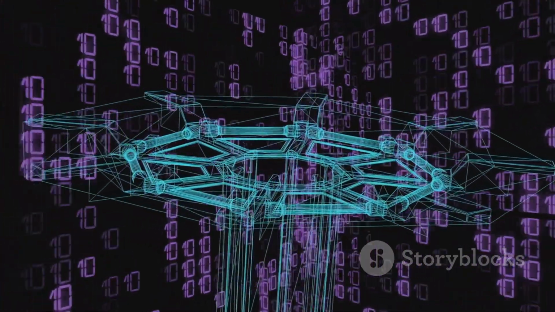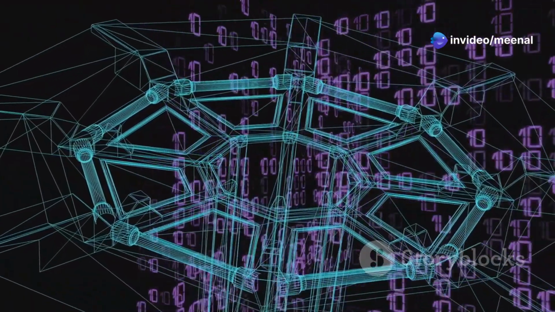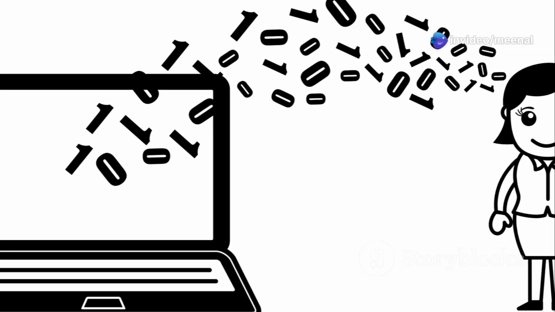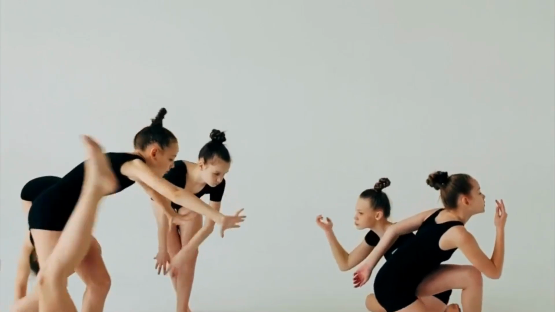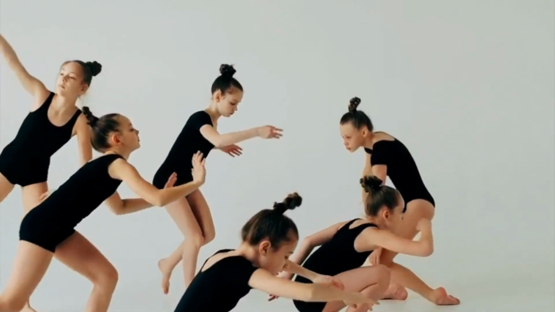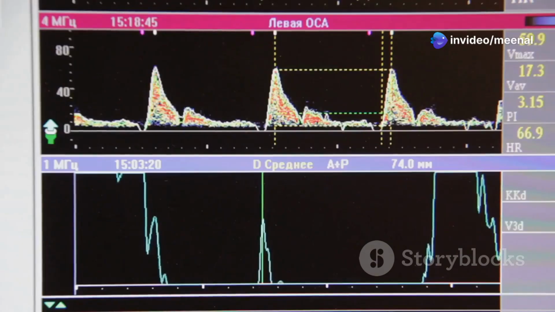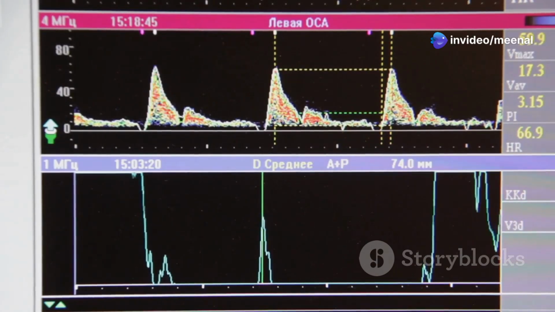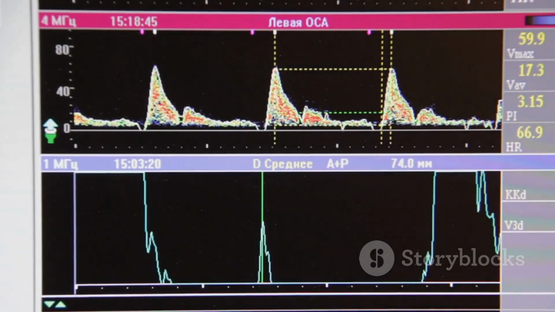3. Data transmission. With each clock pulse, the master sends a bit of data on the MOSI line and the slave receives it. Simultaneously, the slave can send data back to the master on the MISO line. This synchronized exchange of information is like a perfectly choreographed dance between the master and slave. 4. Data completion. Once the specified number of bits have been transferred, the master stops the clock signal.